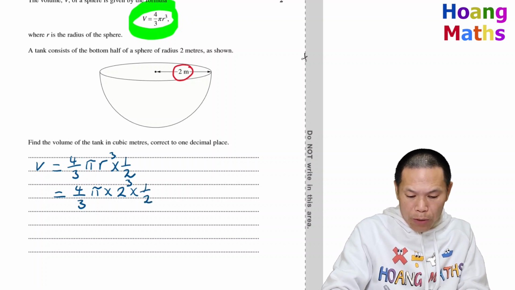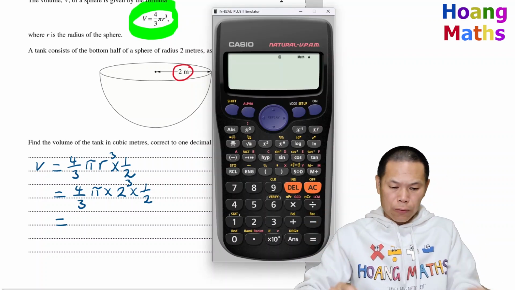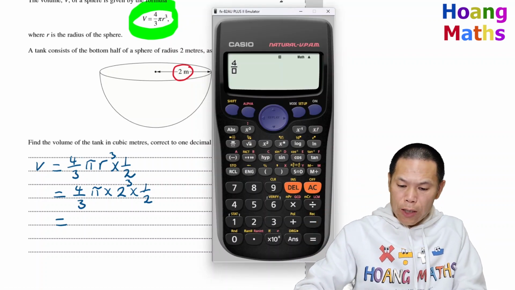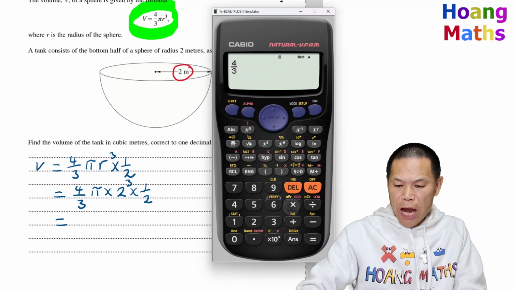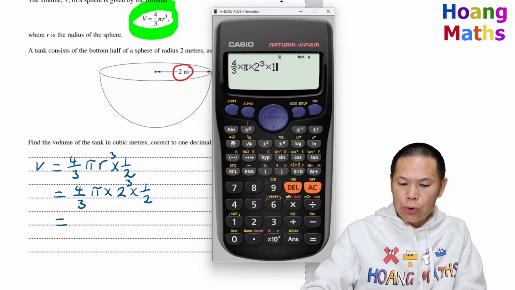Just put it on a calculator: 4 over 3, times pi, times 2 to the power of 3, and then times 1 over 2.